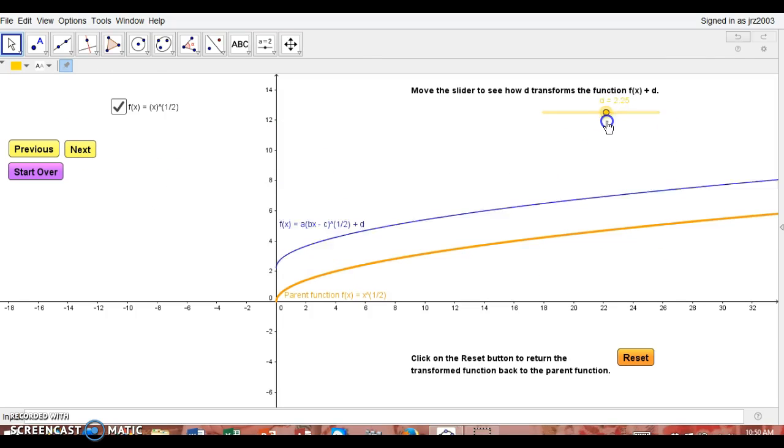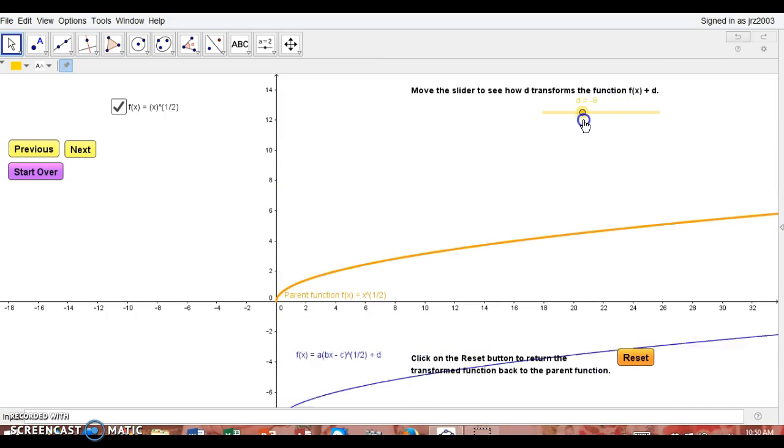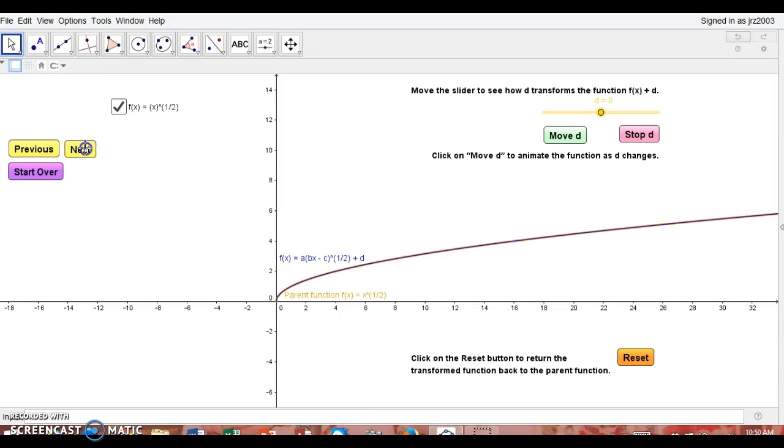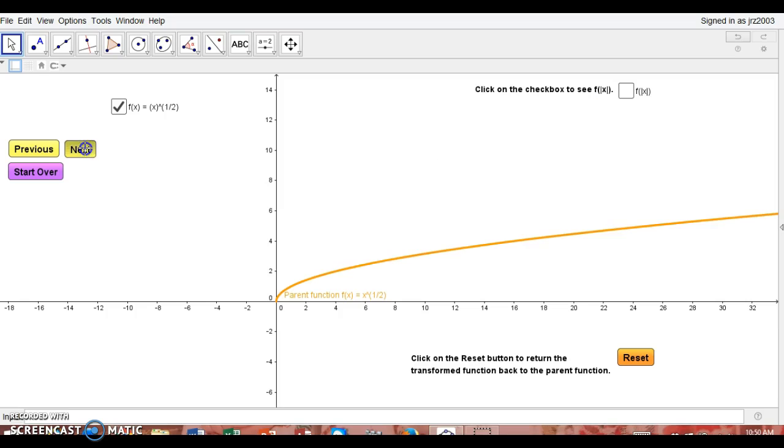And then d, and we could talk about how d affects the range. And then taking the absolute value of x is going to reflect it over the y-axis. And taking the absolute value of f of x is not going to change this function.